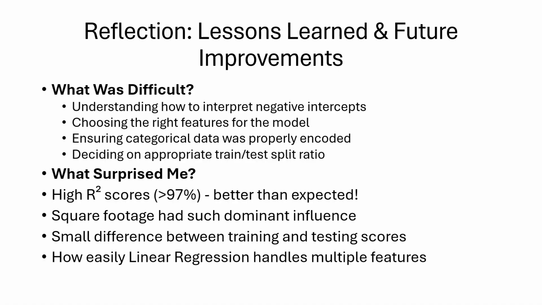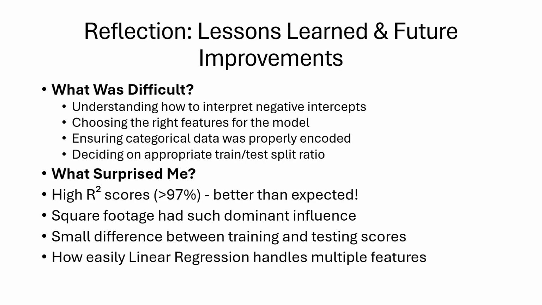And then what was my reflection for the project, what was difficult? It was a little difficult to understand how to interpret negative intercepts and choosing the right features for the model, what I wanted to make important, as well as ensuring that categorical data was properly encoded and deciding on an appropriate train test split ratio.